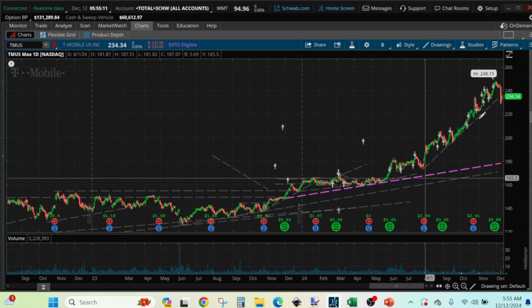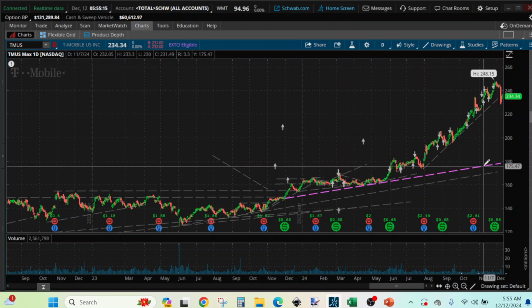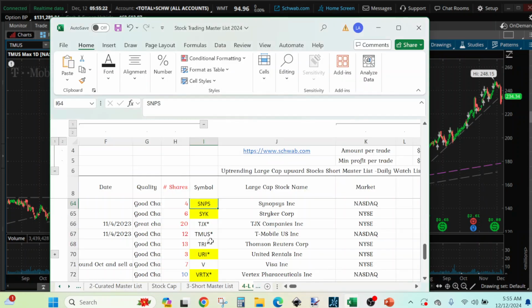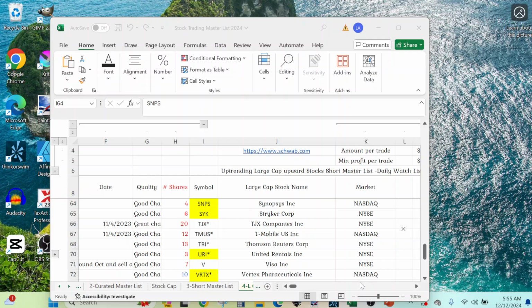It's still following this line here, but we just like to wait on it, on this one. TRY, we would like to wait on that line, the purple line.